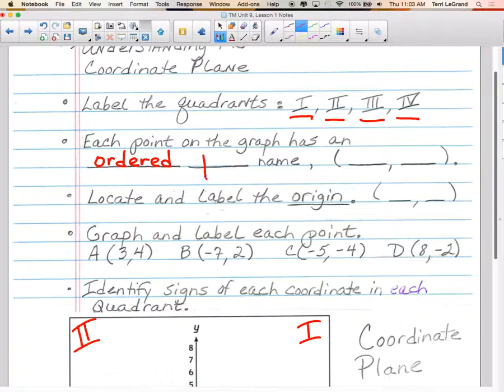So each point on the graph has an ordered pair name. And the ordered pair name starts with which value? The x value or the y? X. X comes first. It gets to be first in the ordered pair, followed by y. And notice, parentheses around two numbers separated by a comma means you have an ordered pair, means you have a point on a graph.